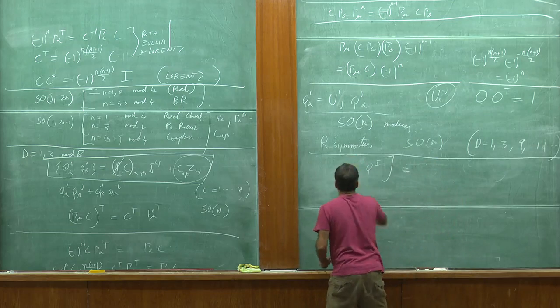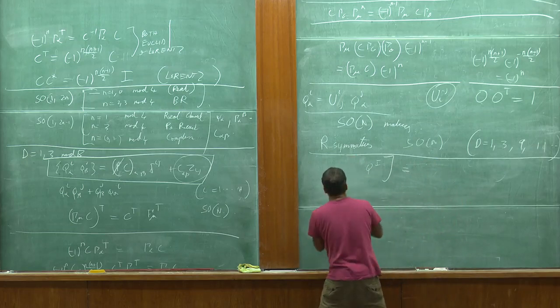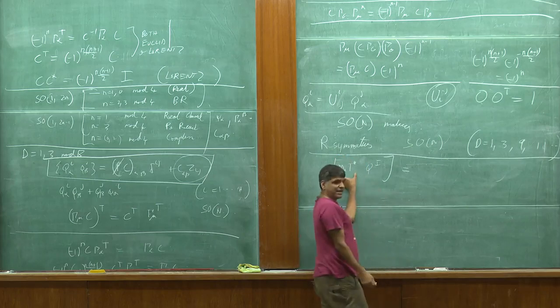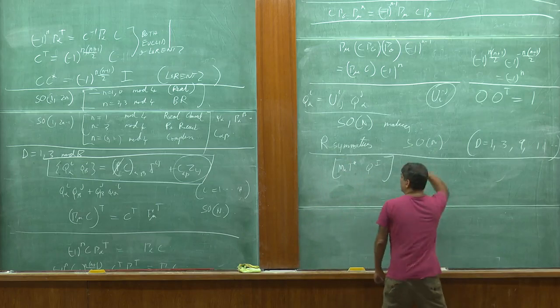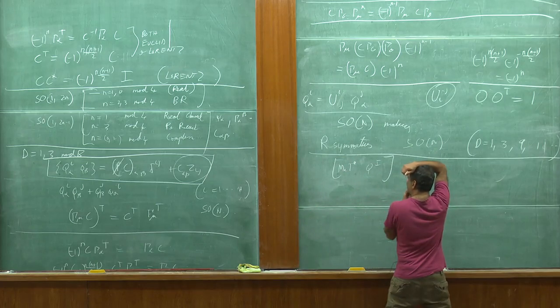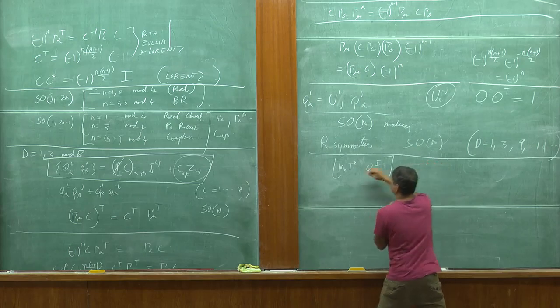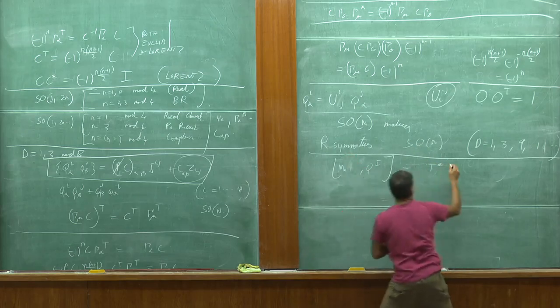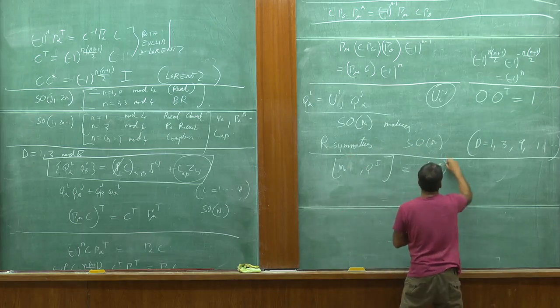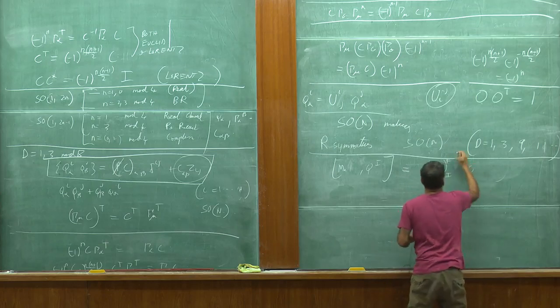Suppose I write this whole thing as M_A, some abstract group element. This will be in the fundamental representation. So this is what I want: T_A fundamental times IJ Q_J.